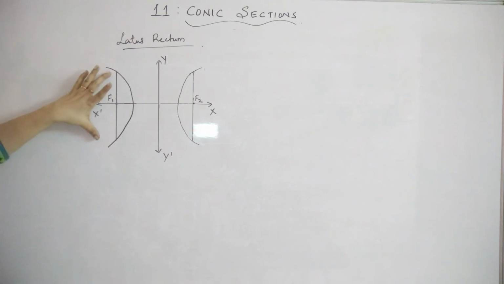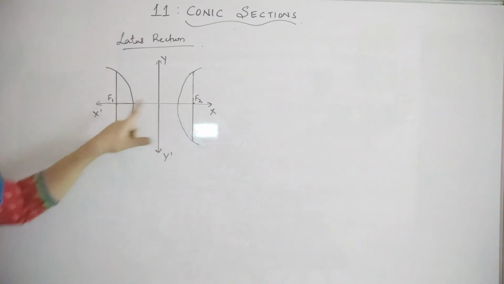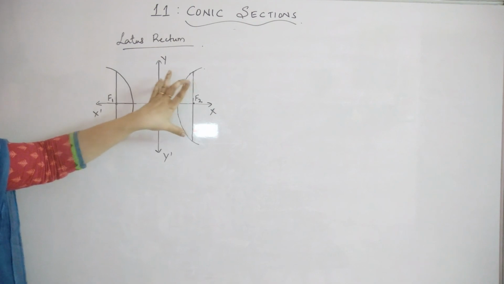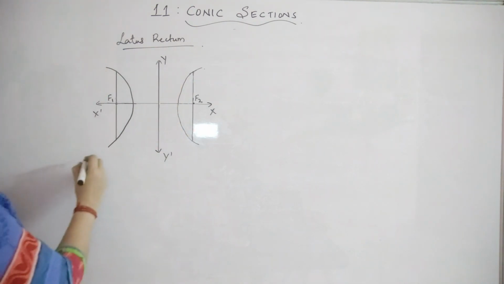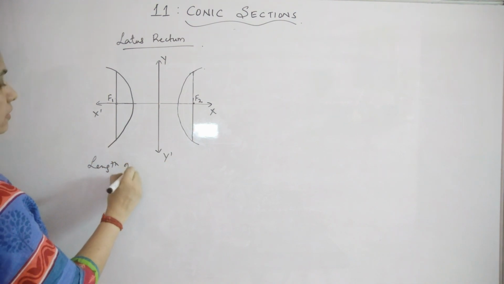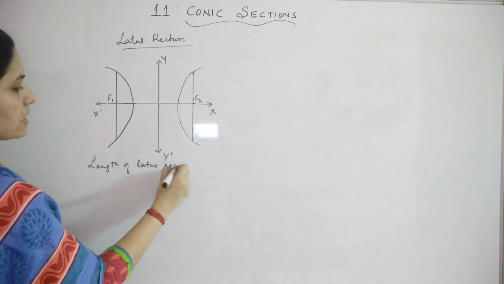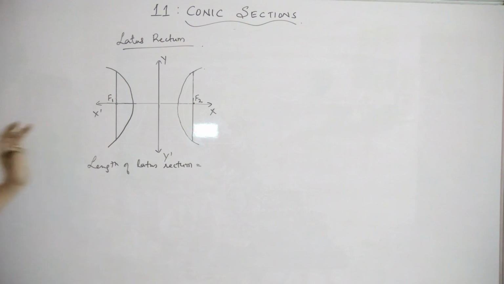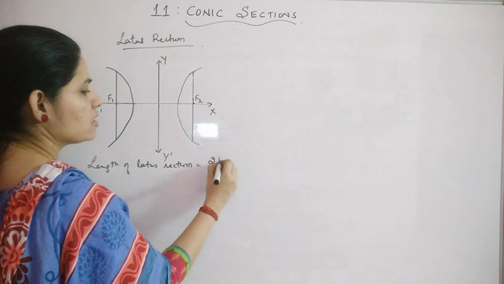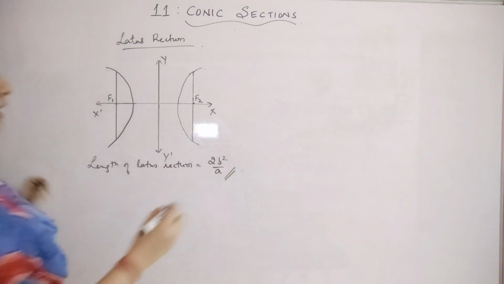So this is the latus rectum, which can be at either of the foci, both will have the same length. And what will be that length? The length of the latus rectum again is same as that of ellipse. For ellipse it was 2b square by a, and for hyperbola also the length of the latus rectum is 2b square by a.